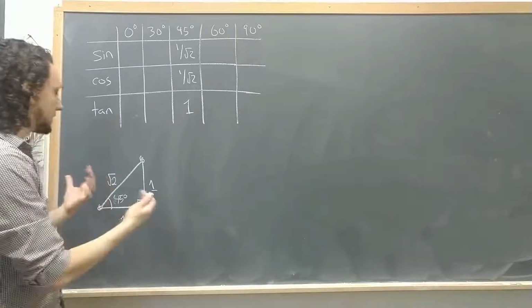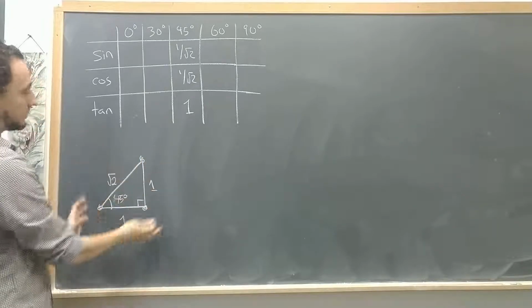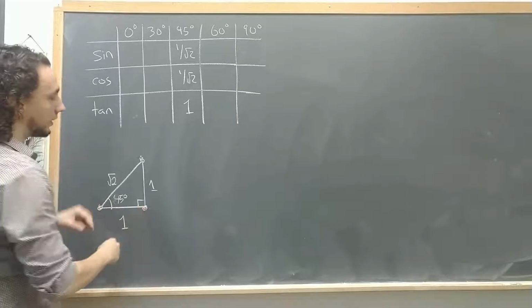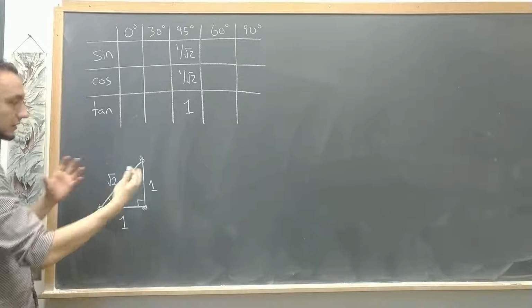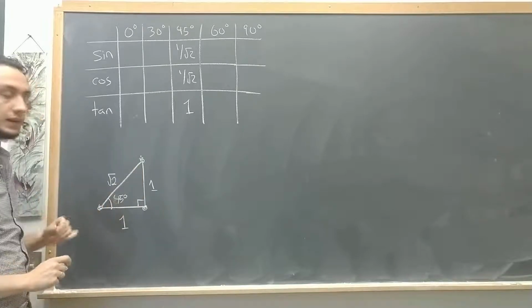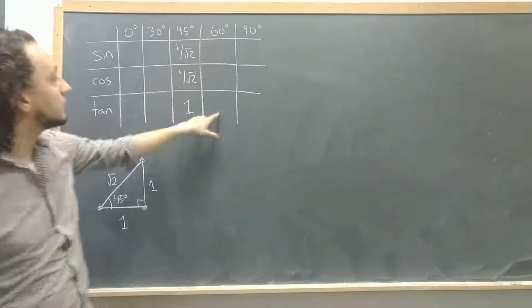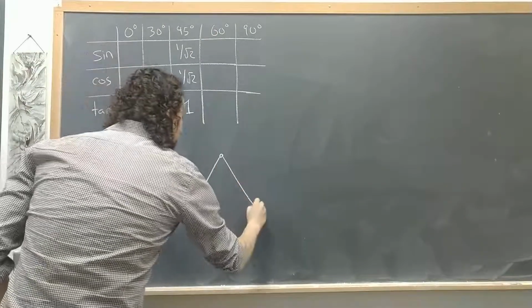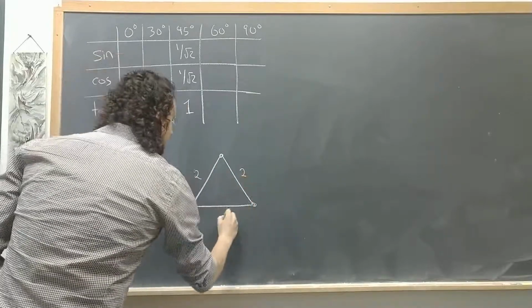So we get that the sine, the cosine, and the tangent of 45 degrees are given by these values. And once again, we've justified the fact that as long as this angle is 45 degrees, it doesn't matter that I picked the triangle to be easy to work with, to have side length 1 and 1 rather than some different side lengths. The ratios are entirely determined by the angle here. So we can also use that to get values for 60 degrees by considering an equilateral triangle of side length 2.